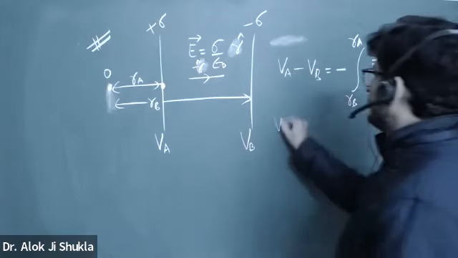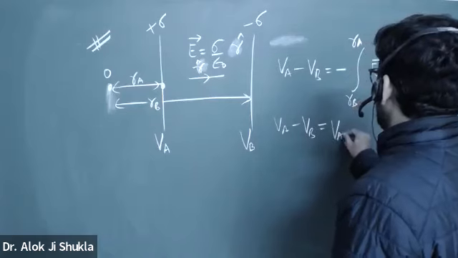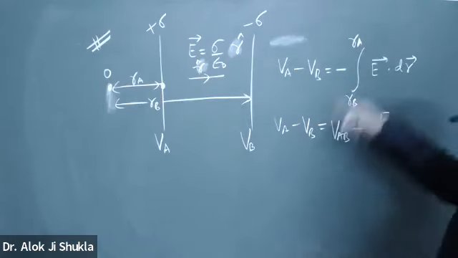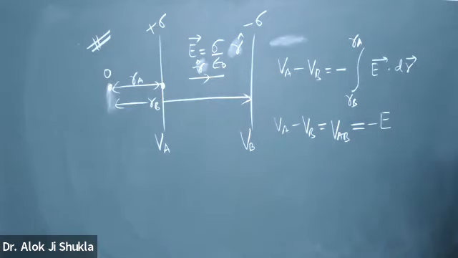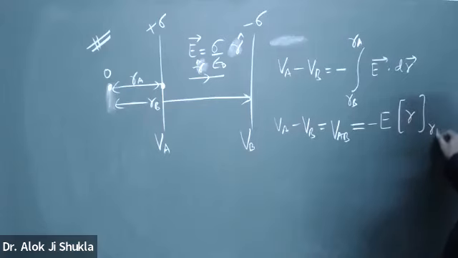तो VA minus VB जिसको हम potential difference लिख लेते हैं VAB, that is equal to minus E बाहर आ जाएगा, फील्ड बाहर आ जाएगा because field is constant, और ये बच जाएगा dr का इंटीग्रल r, यहां जाएगा rb, यहां जाएगा ra.